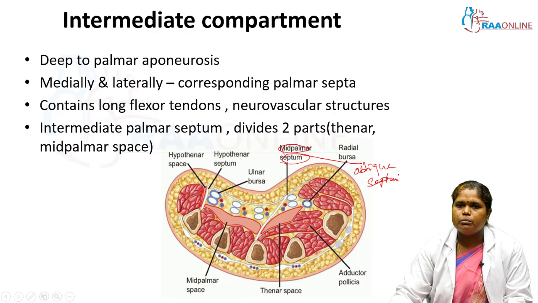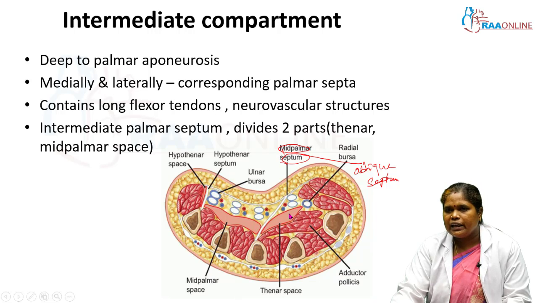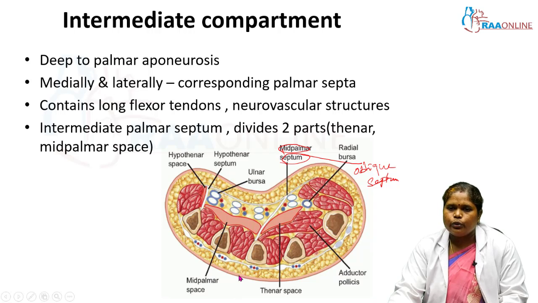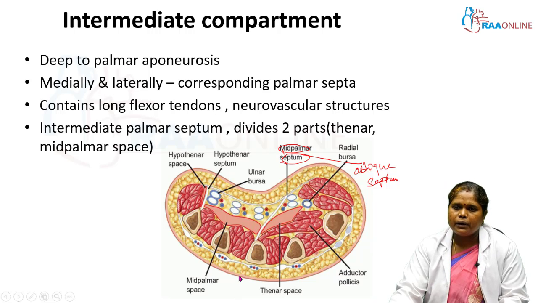This septum is going to divide the intermediate compartment into the lateral part, that is the thenar space, and the medial part, known as the mid-palmar space. Just remember, the intermediate compartment is divided into two spaces, the thenar space on the lateral aspect and the mid-palmar space on the medial aspect. By now you have to understand what a compartment is and what a space is.